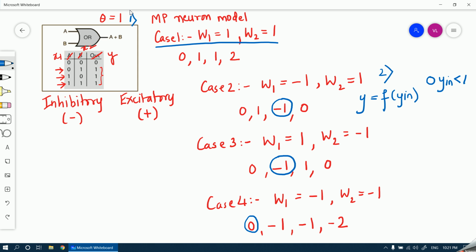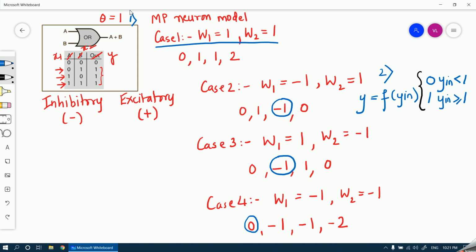It is 1. Whereas a neuron will fire when y in is greater than or equal to theta, which is 1 in this case. So for the OR gate, the value of theta, which is the threshold, is 1.